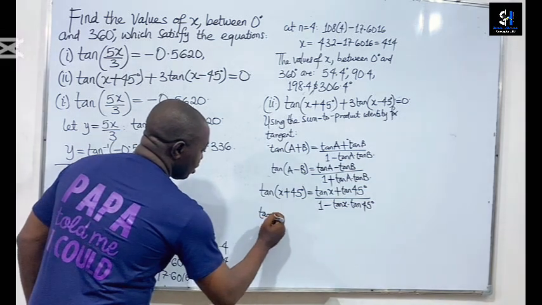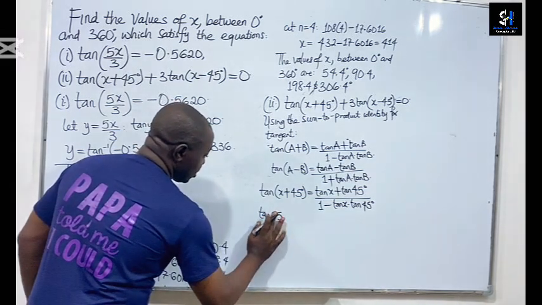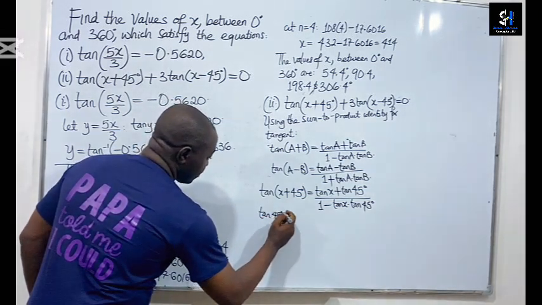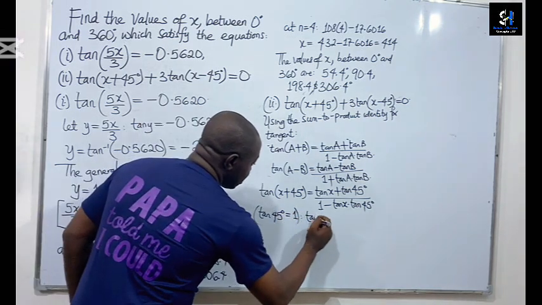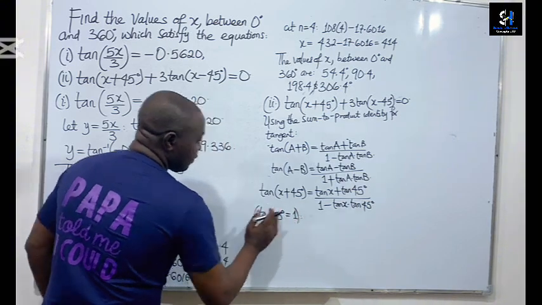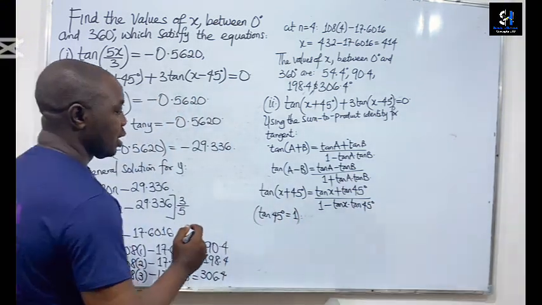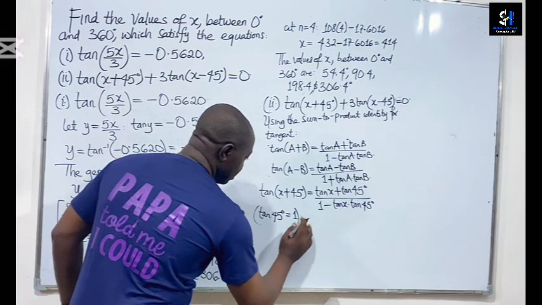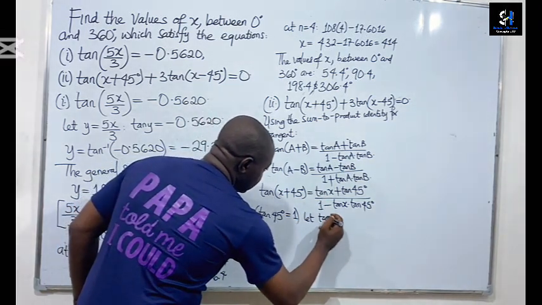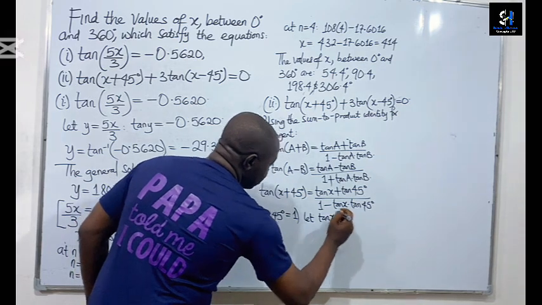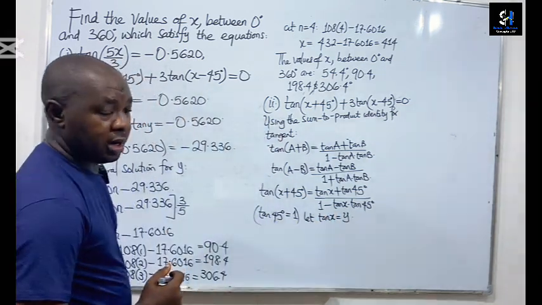Now, tan 45 degrees is equal to 1. This is very important. So if I write tan 45 degrees equals 1, and let tan x equal y, okay?